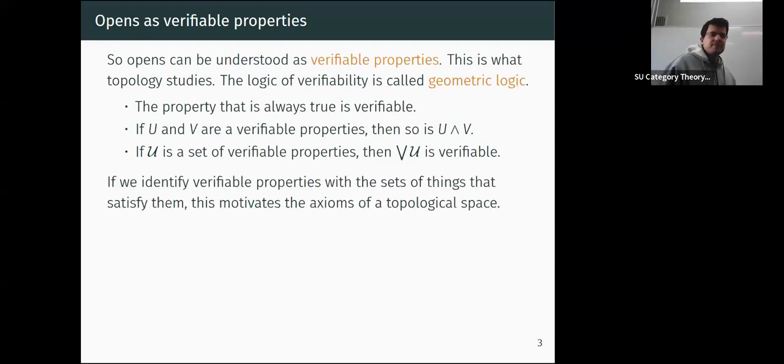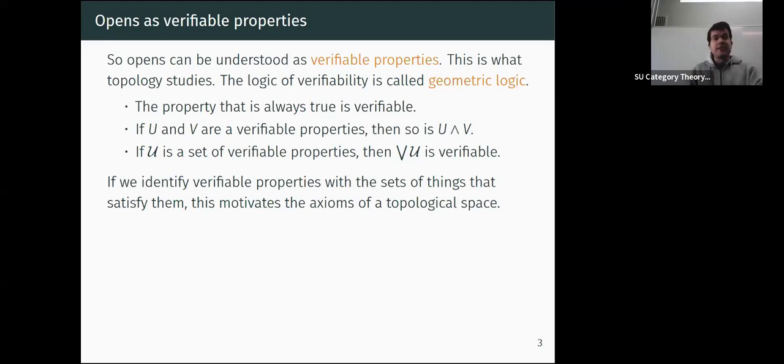So now what we can do is, if we have a set of things which might satisfy these properties, we can identify the verifiable properties with the set of things that satisfy them. We think of the properties as corresponding to their extensions. So we identify them with the things that satisfy them. And then these conjunctions and disjunctions become intersections and unions.